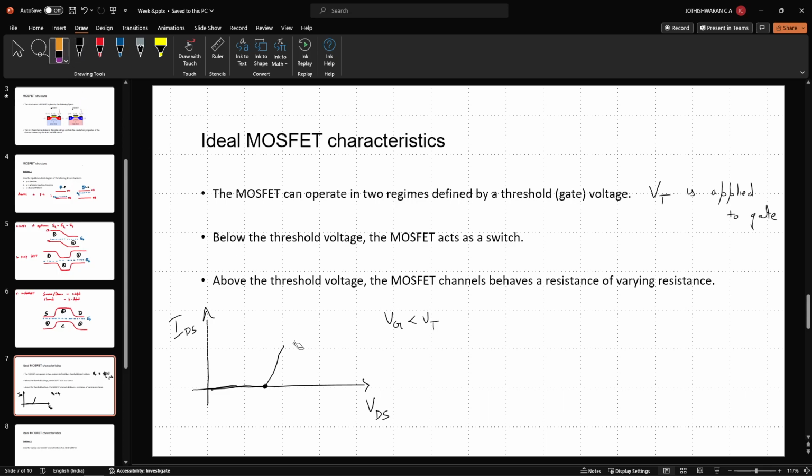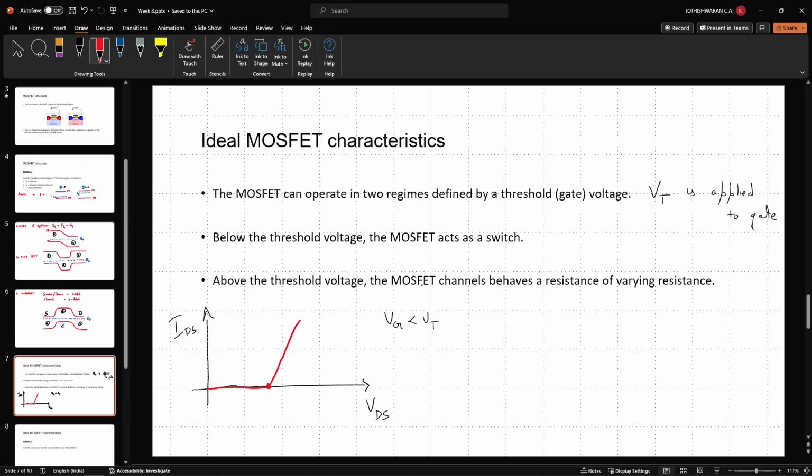But since we are actually talking about a MOSFET, where we have an N-doped material and a P-doped material, we of course know for a fact that that is not going to happen. So what will actually happen is, up to a voltage, it is going to be nothing, and then it will start rising something like this.